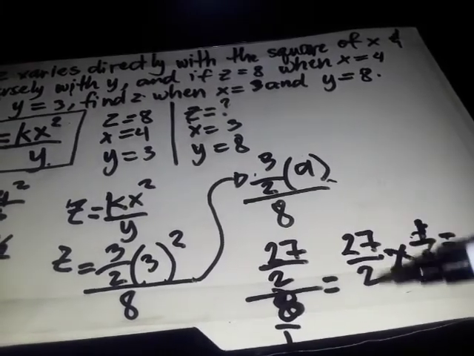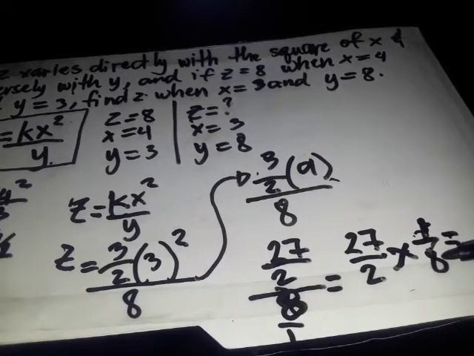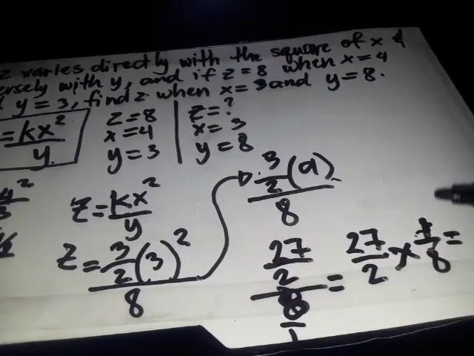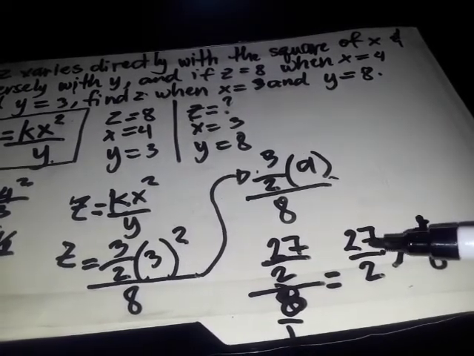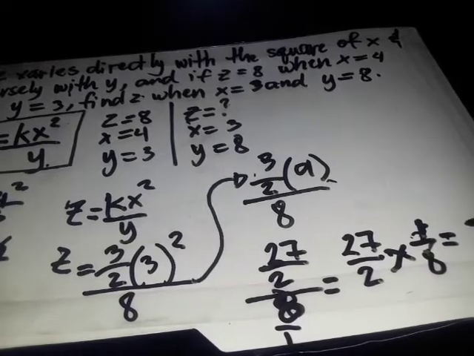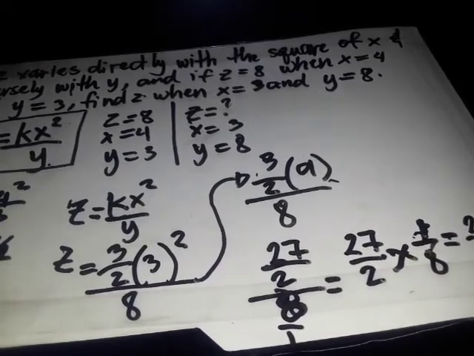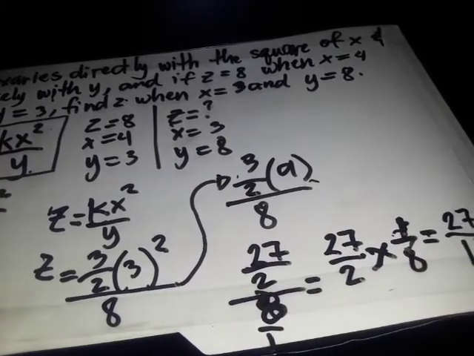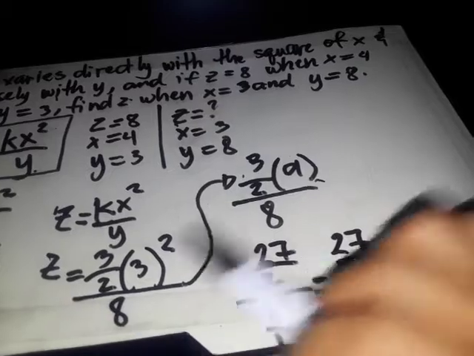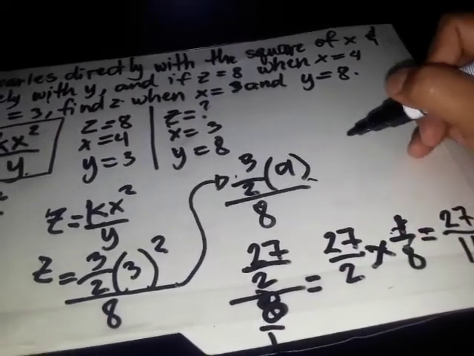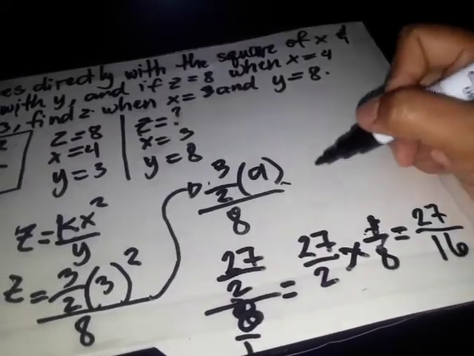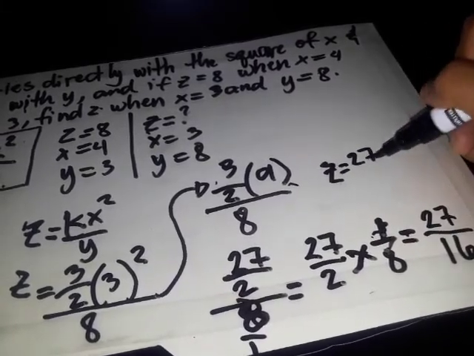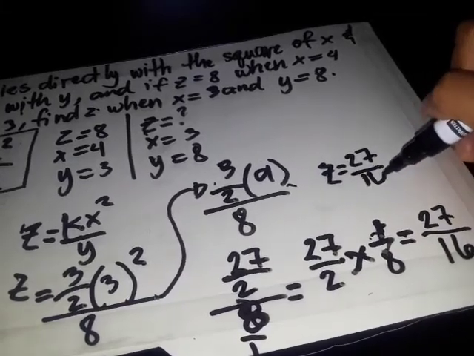Dito, hindi tayo pwedeng mag-cancel kasi wala silang common factor. Hindi rin pwede, hindi pwede. So, ngayon, imumultiply lang natin numerator to numerator. So, 27 times 1 is equal to 27 over 8 times 2 is equal to 16. So, eto na ang ating Z. So, ang value ng Z natin ay, okay, dito na lang ha. So, Z is equal to 27 over 16.